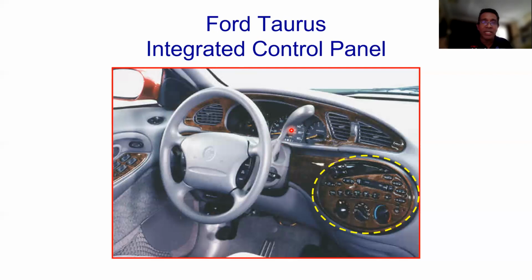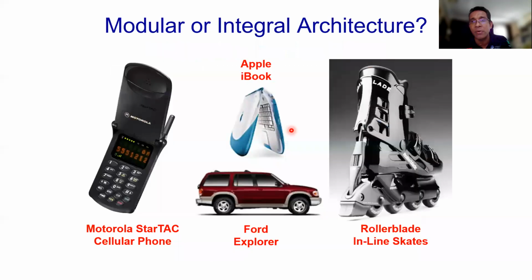But after the combination, left and right can be done with one button only, and then we can use it for the wiper as well. So that is how they make an integration in terms of product, using elimination or product architecture just now.